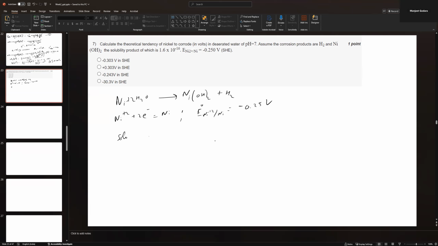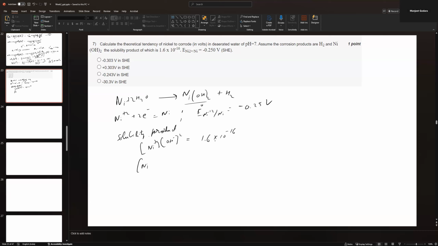For the solubility product, we are given Ni2+ times OH minus squared for nickel hydride, equals 1.6 into 10 to the power minus 16.